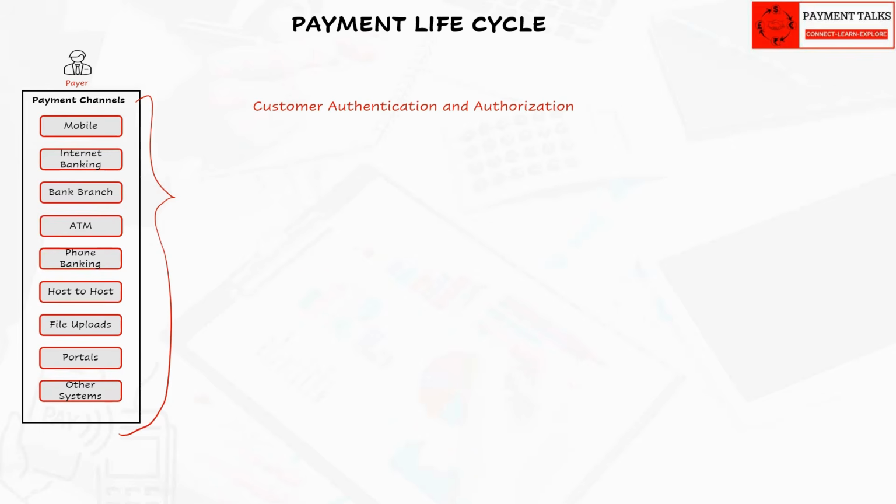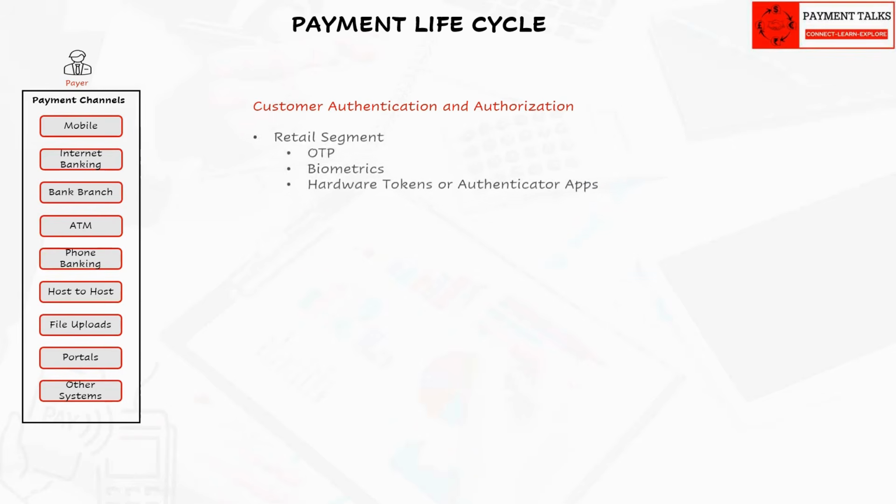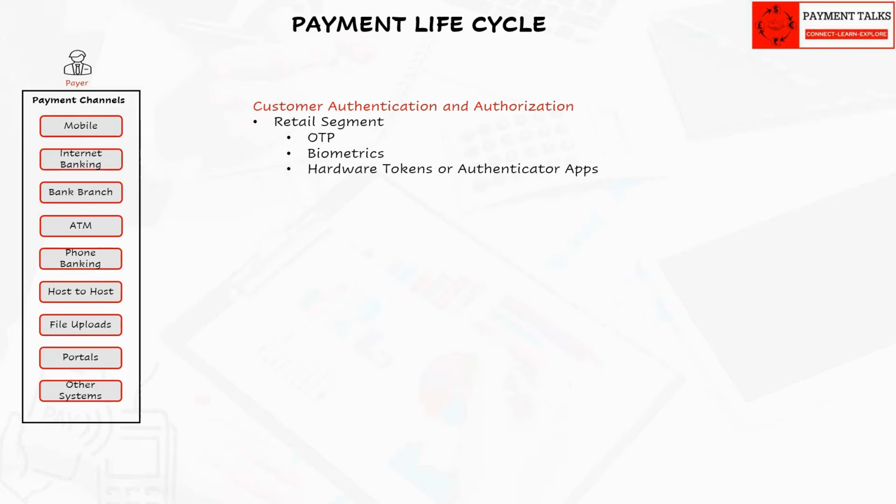If we consider the retail segment, the fundamental authentication is your login. Because of the many frauds and scams or data breaches that are happening, industry have come up with two-factor authentications like OTPs, biometrics on mobile apps, third-party authenticator apps, etc. Similarly, for corporate segments, there will be validations.